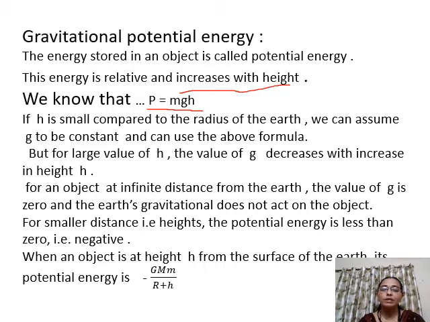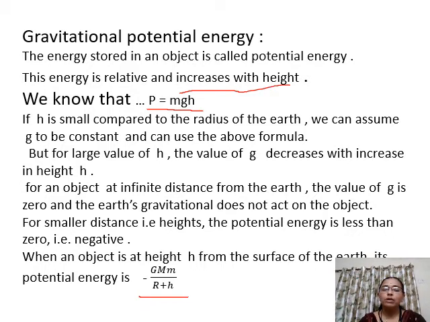When an object is at height h from the surface of the earth, its potential energy is negative, that is, minus G times M m upon r plus h. Here r means the radius of the earth, and h is the height. Capital G is the gravitational constant, capital M is the mass of the earth, and small m is the mass of that object.